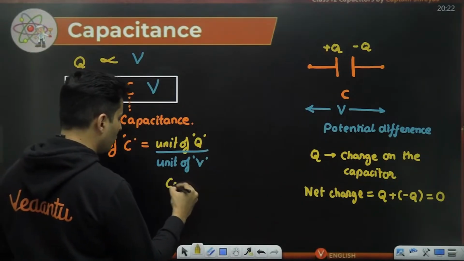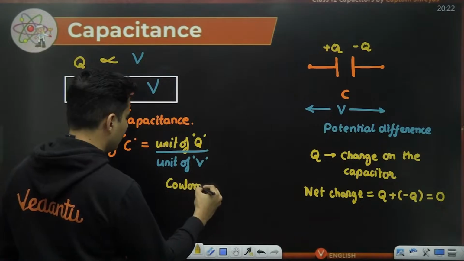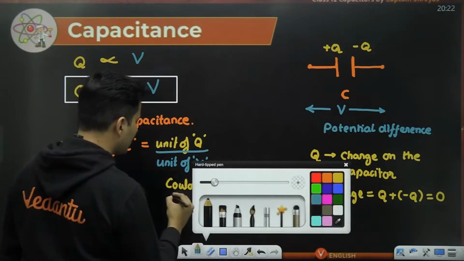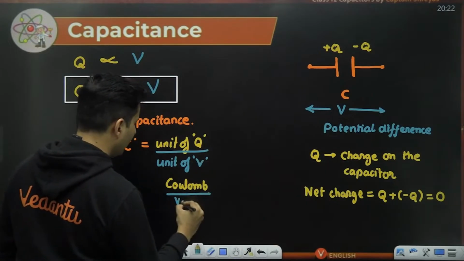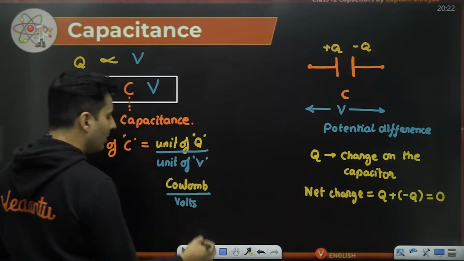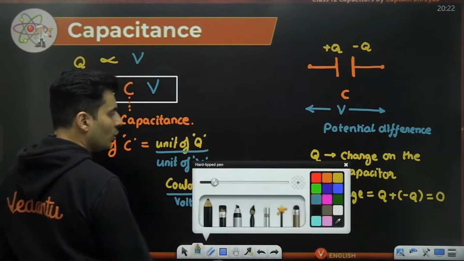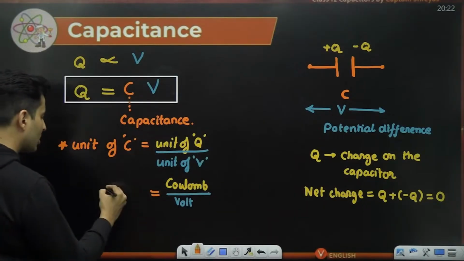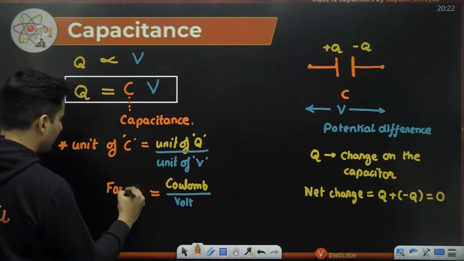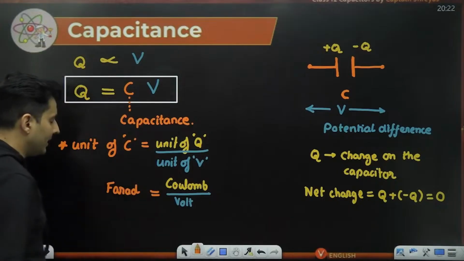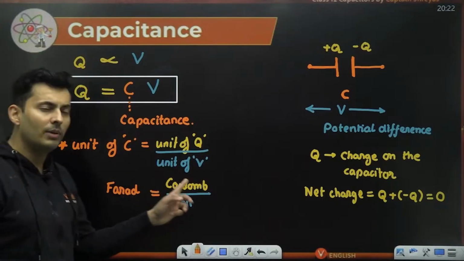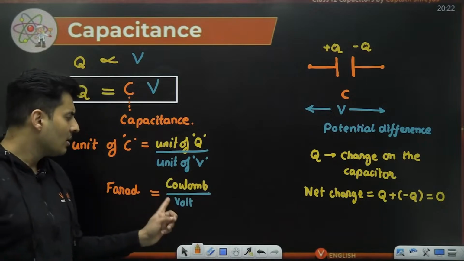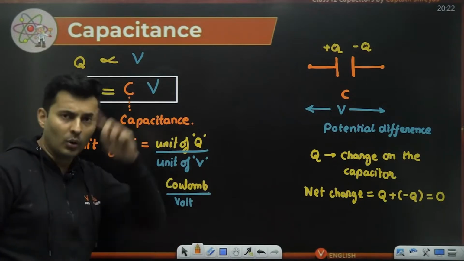Charge is nothing but coulomb. And voltage is in volts. So coulomb per volt is the unit of capacitance, but that is given a name called the farad. So 1 farad is when you are able to store 1 coulomb of charge when you apply 1 volt.